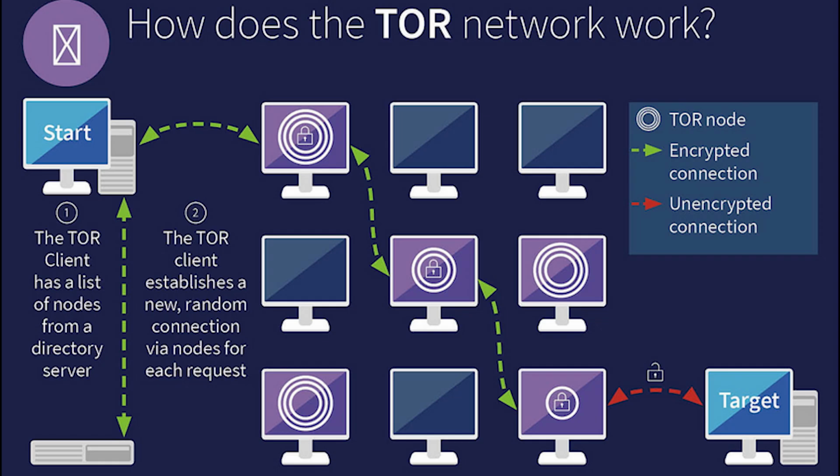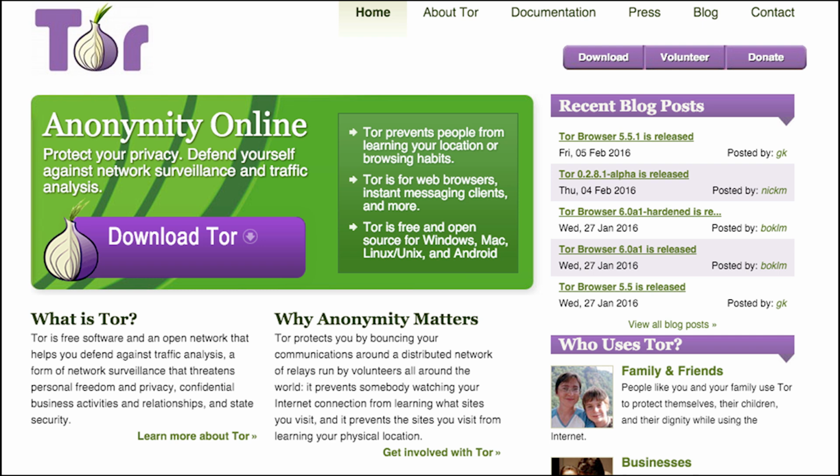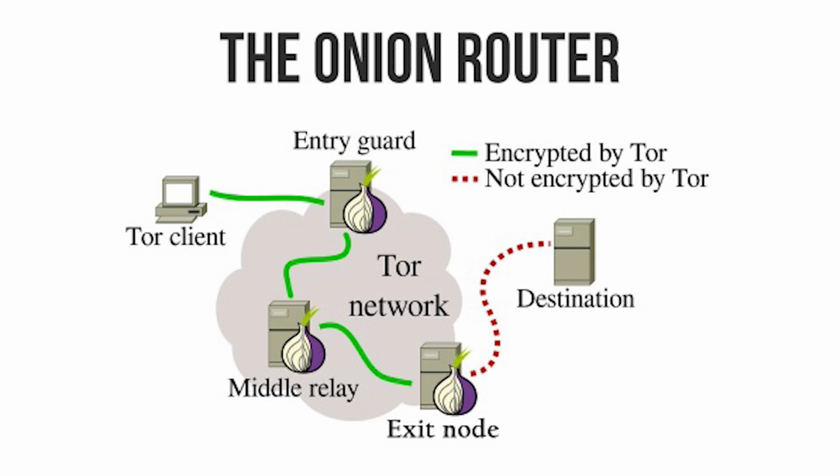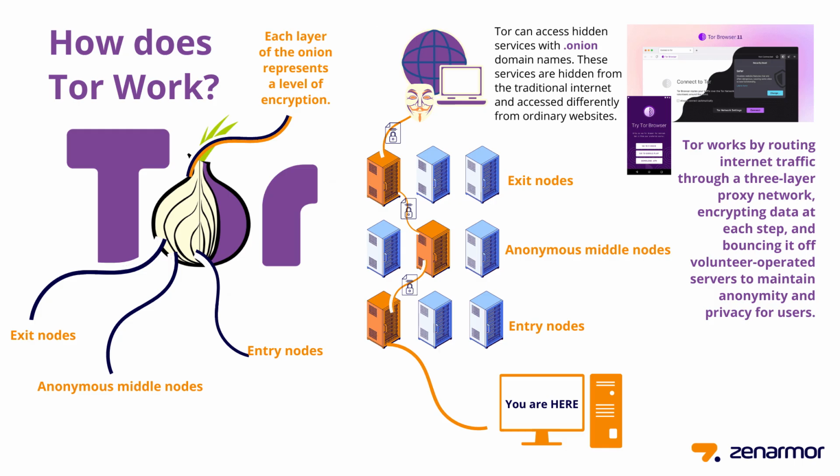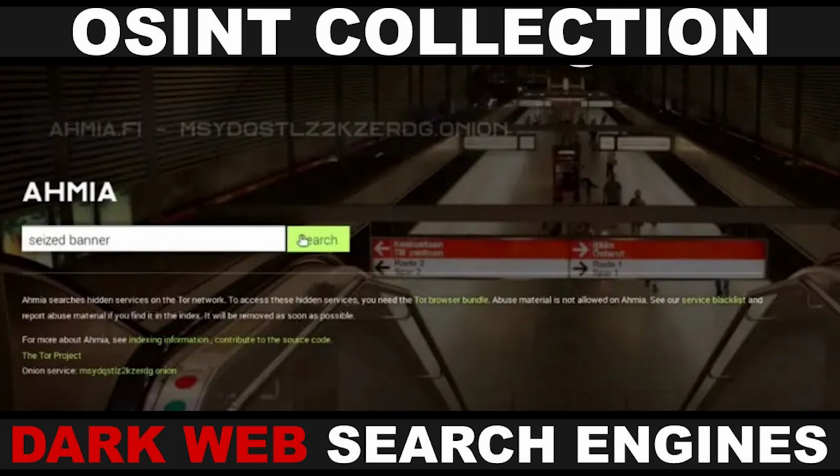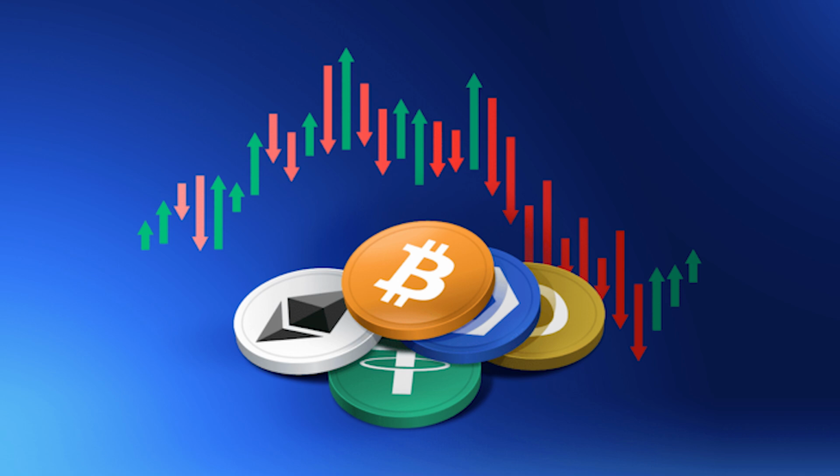So, how does the dark web work? At its core is Tor, a network of volunteer-operated servers that enables anonymous communication. When you access the dark web using Tor, your internet traffic is routed through multiple servers, each layer encrypting the data like layers of an onion. This process, known as onion routing, makes it incredibly difficult to trace the origin of the traffic.